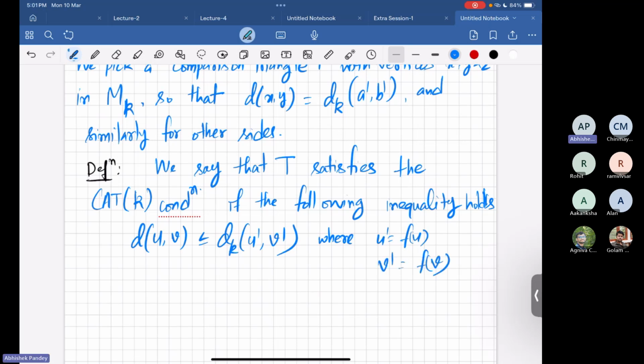So we are basically comparing the triangles.